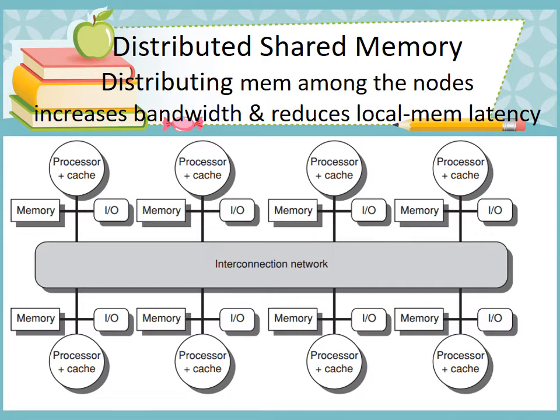That interconnection network is used to transfer the data from the upper part to the lower one. So we are distributing the memories among the nodes present in that system or architecture. That is the distributed shared memory.